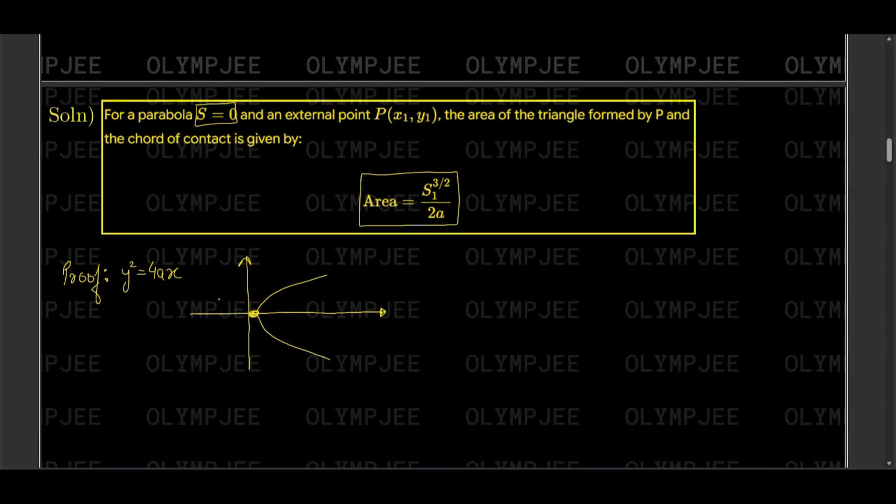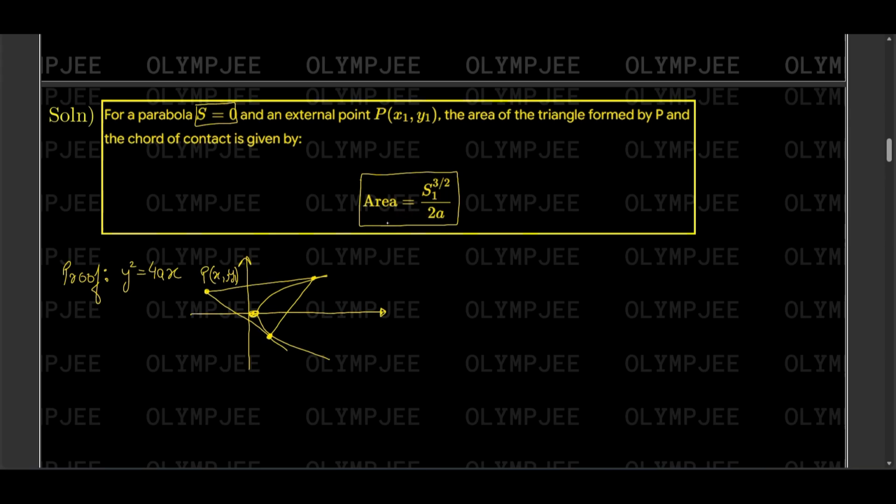Assume that P is any general point x1 comma y1. If tangents are drawn to this parabola, then the chord of contact will be this line, which is connecting the contact points of the parabola and the tangents. The area of this triangle will be given by S1 raised to power 3 by 2, divided by 2a.